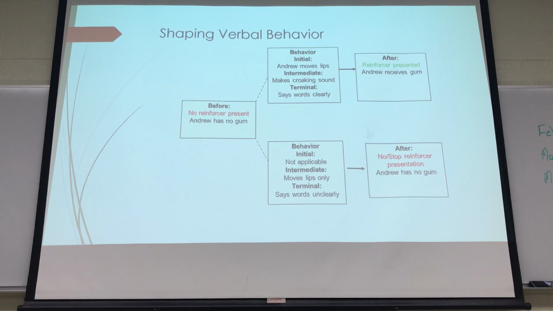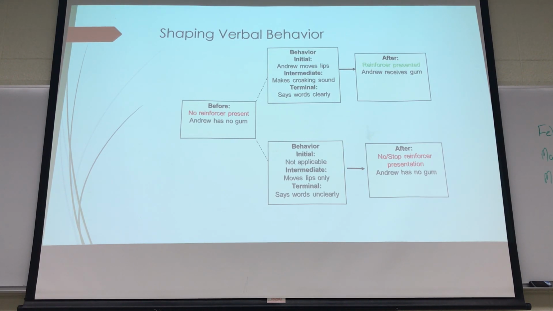We'll reinforce it a couple times. Then we put that behavior on extinction. And we wait until we get closer to the intermediate behavior, croaking sounds, and so on. Okay? Any questions about shaping verbal behavior before we go to the next slide?